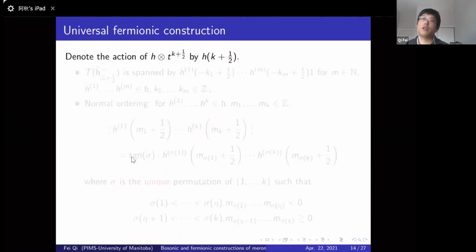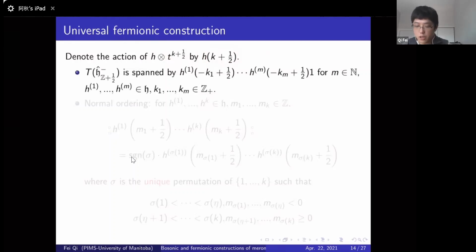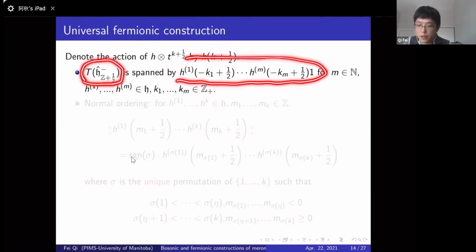Denote an action by R of H times O times T to the K plus 1/2 by H of K plus 1/2. So then you can see that similarly, the T of H hat minus is spanned by these elements.